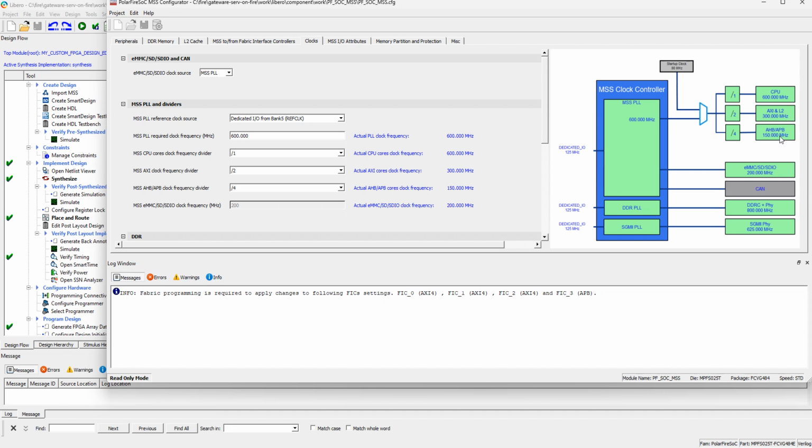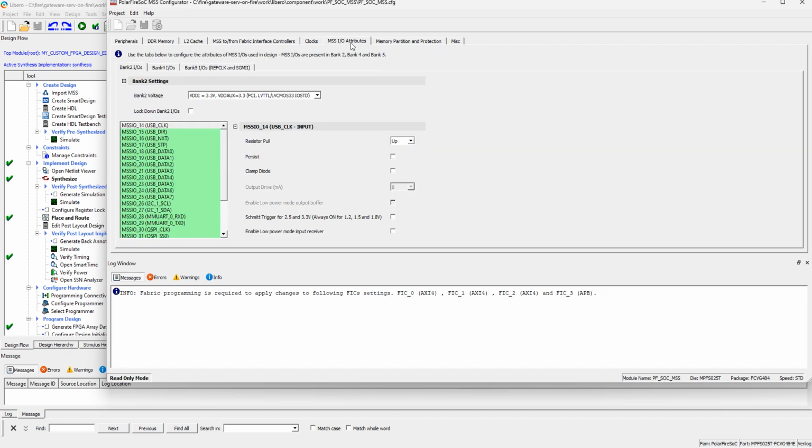In reality, it's running at 50 because of that clock that we saw. I think the interface to the processor side of the bus is running at 150, and the side on the fabric side is running at 50. This is showing a diagram of all the clocking.